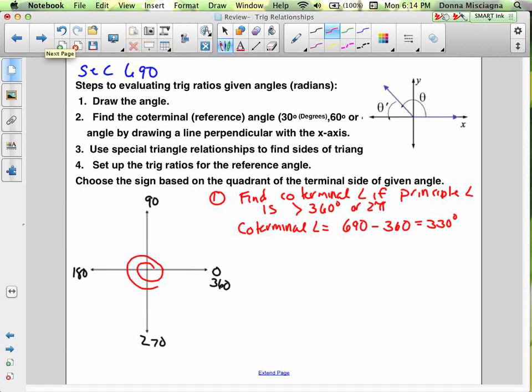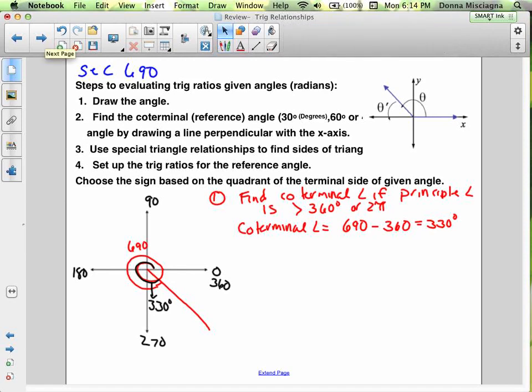So our angle is going to stop right here. This is 690. That much of our angle is 330 degrees. Now you may remember how to find the reference angle.